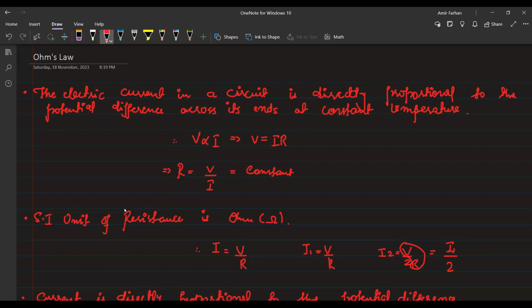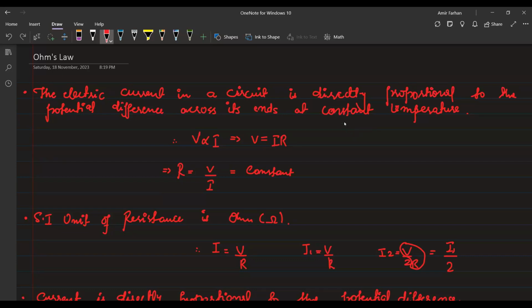So why constant temperature? Because in the next topic, which we will cover in this class itself, the factors affecting resistance, temperature is involved as well. If you increase the temperature, your resistance will also increase. That's why this specific word should be used when you write the Ohm's law statement.